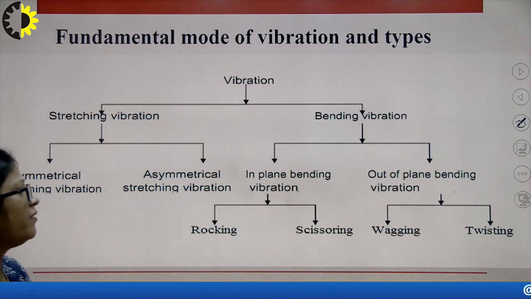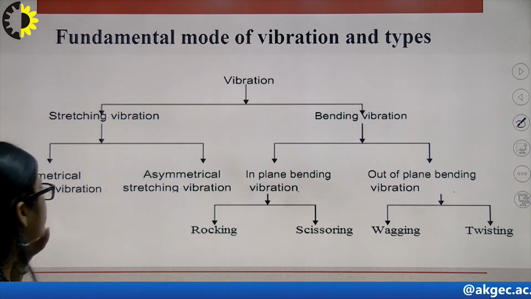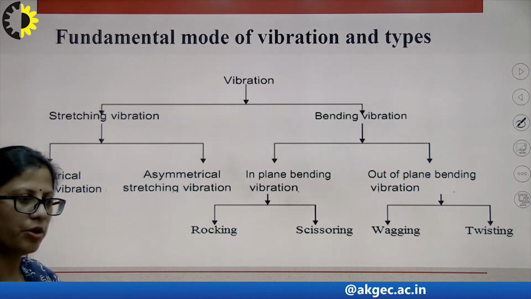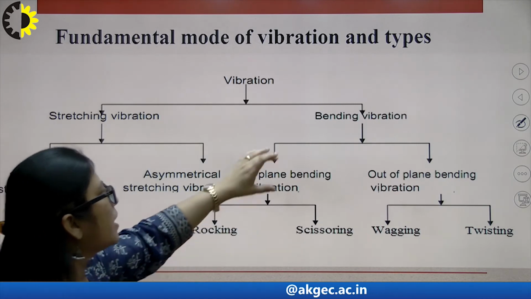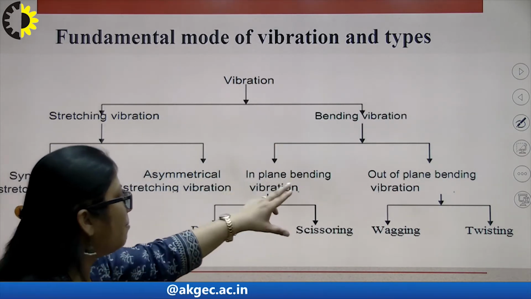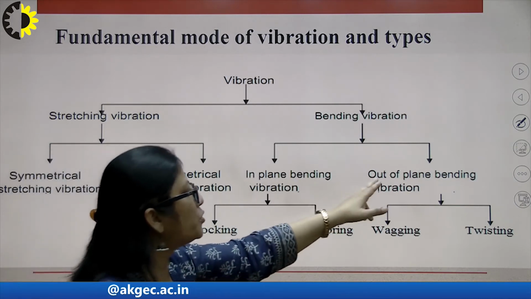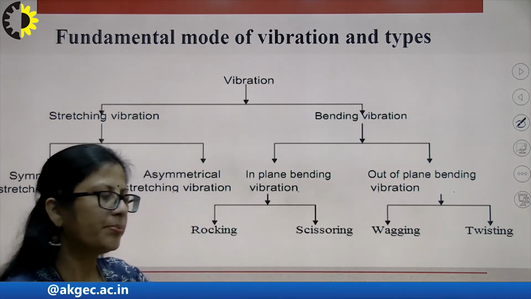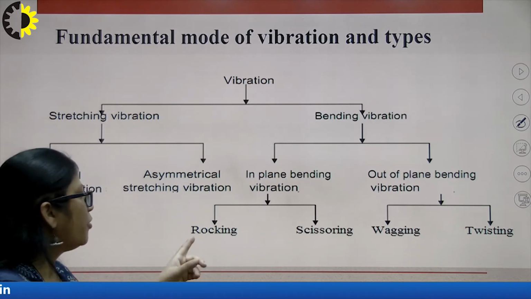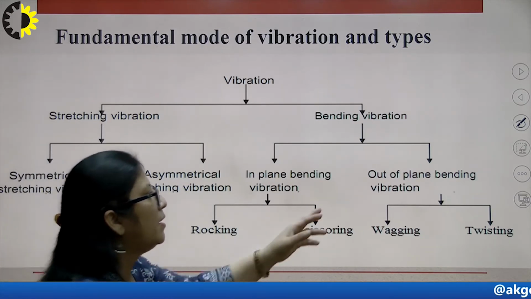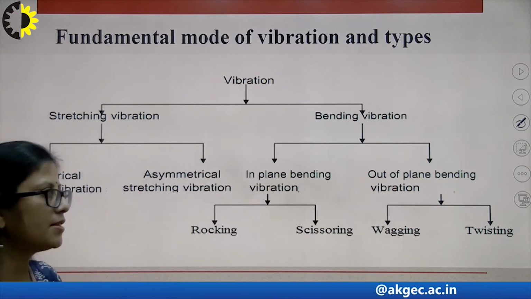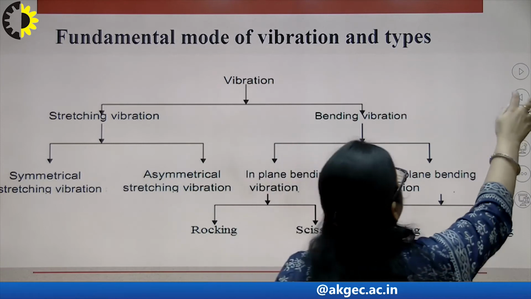Now these stretching vibrations are of two types: symmetrical stretching vibrations and asymmetrical stretching vibrations. Similarly, bending vibrations are of two types, in plane bending vibrations and out of plane bending vibrations. In plane bending vibrations are again of two types, rocking and scissoring, and out of plane are of two types, wagging and twisting. I will discuss in the next slide.